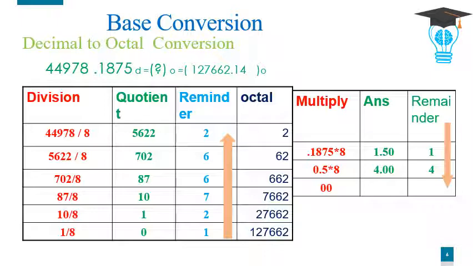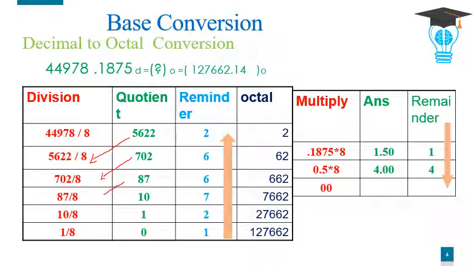I will get a quotient of 5622 and the remainder 2. This 5622 again I will divide by 8. I will get an answer 702 with the remainder 6. This 702 again I will divide by 8 and I will get an answer of 87 with the remainder 6.